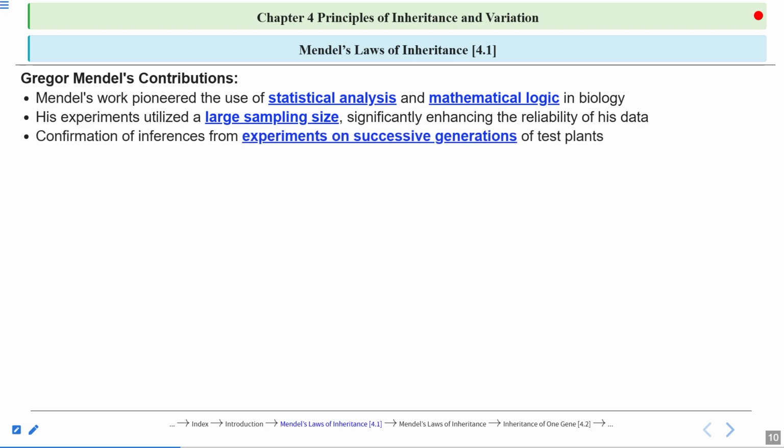Okay, so this significantly enhances the reliability of the data if you are experimenting on a large population size. Now, confirmation of inferences through experiments on successive generations of the test plant. So what did Mendel do? Mendel carried out his experiments on successive generations. Clear? So he confirmed the result in the successive generations also.